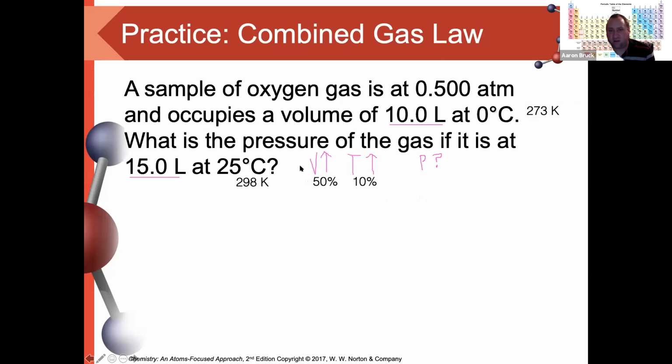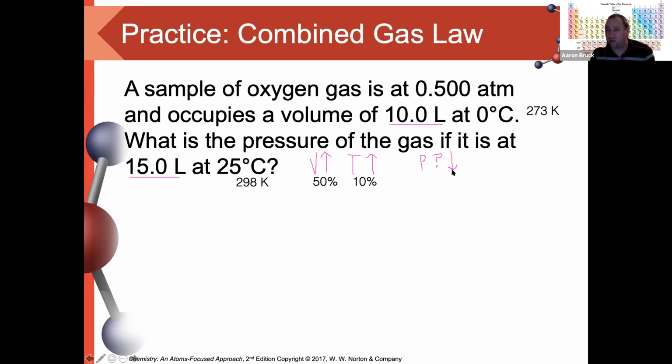Since pressure and volume are inversely related, and temperature and pressure are directly related, the impact on the volume is going to be greater. So we would anticipate that our pressure is going to go down because of the higher increase in volume than the increase in temperature.